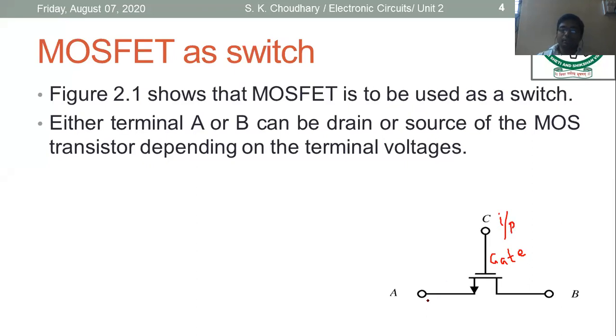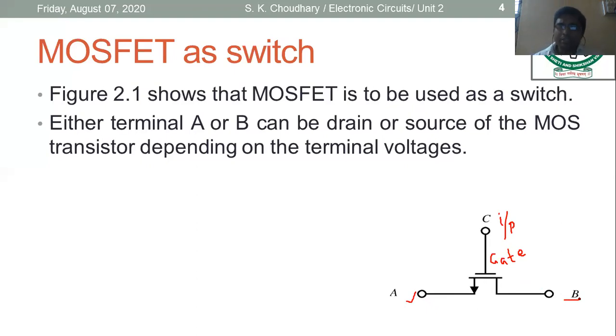But for terminal A or B, you can use it as either the drain terminal or the source terminal of the MOS transistor, depending upon the terminal voltage. If I am considering an N channel MOSFET and A has the higher voltage than B, then A is your drain and B is your source. If B has the higher voltage than A, then B is the drain and A is the source.